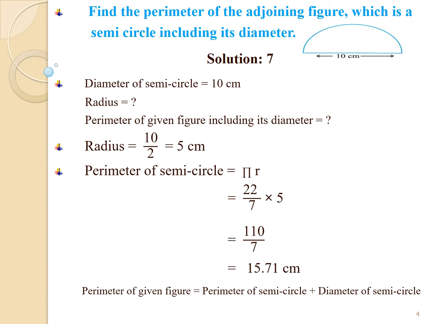Thus, adding 10 to 15.71, we get 25.71. Thus, perimeter of given figure including its diameter is 25.71 centimeters.